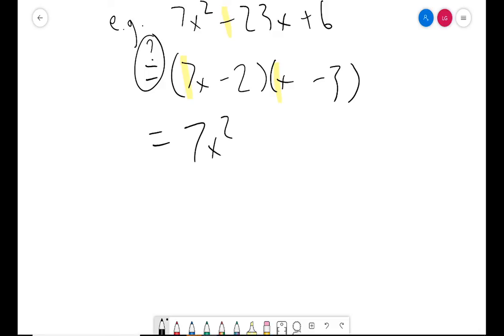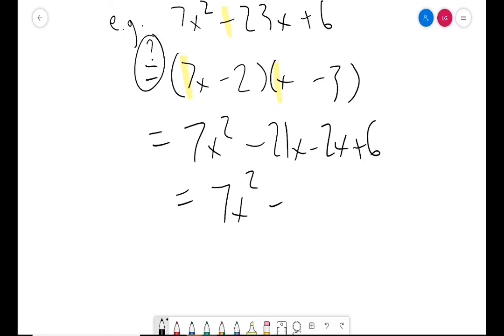Let's double check for ourselves. And I'm using this check mark to really indicate that these are correct.